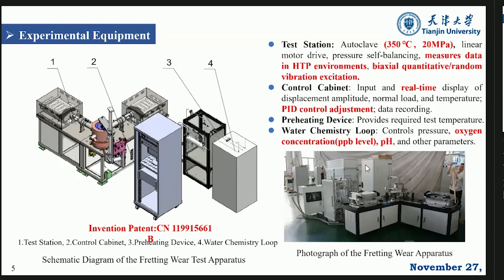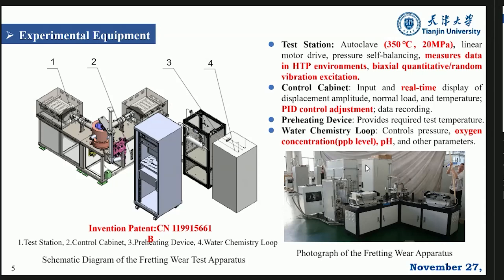With the help of this, we can do experiments in the autoclave, and we can control the temperature to reach 350 degrees centigrade and even 20 megapascal to simulate the real case in the primary circuit. Then we have the control system.